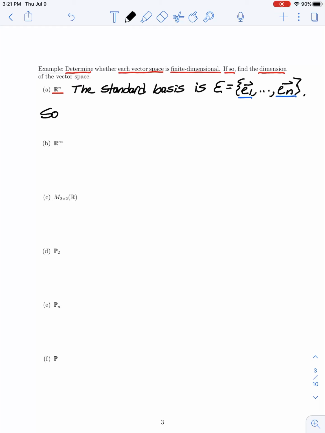Since there is a finite number of vectors, we can say Rn is finite dimensional, and the dimension of Rn is n, the number of vectors in our basis.